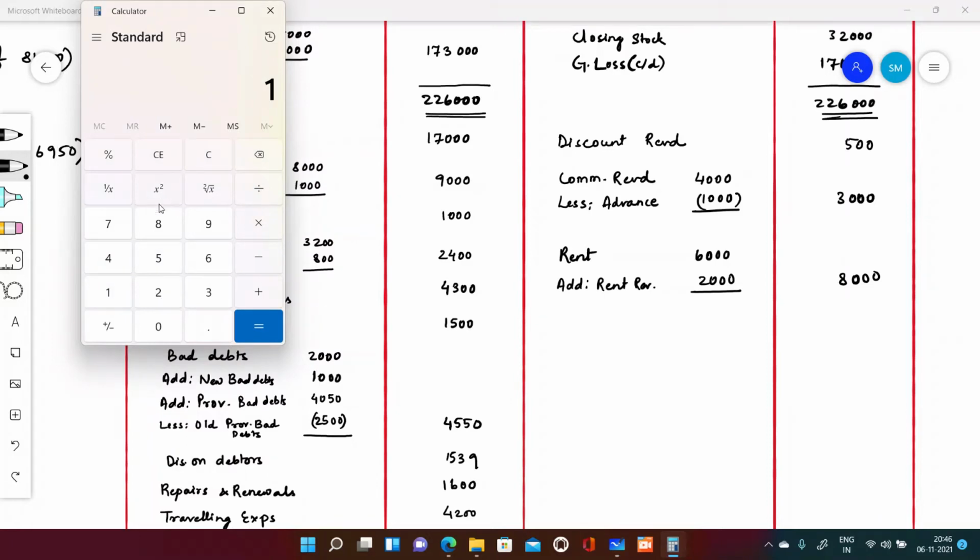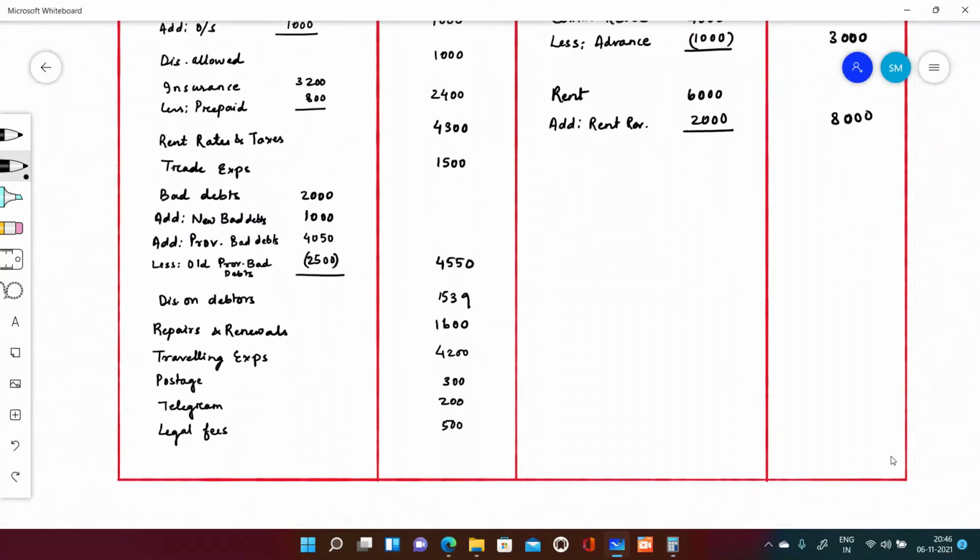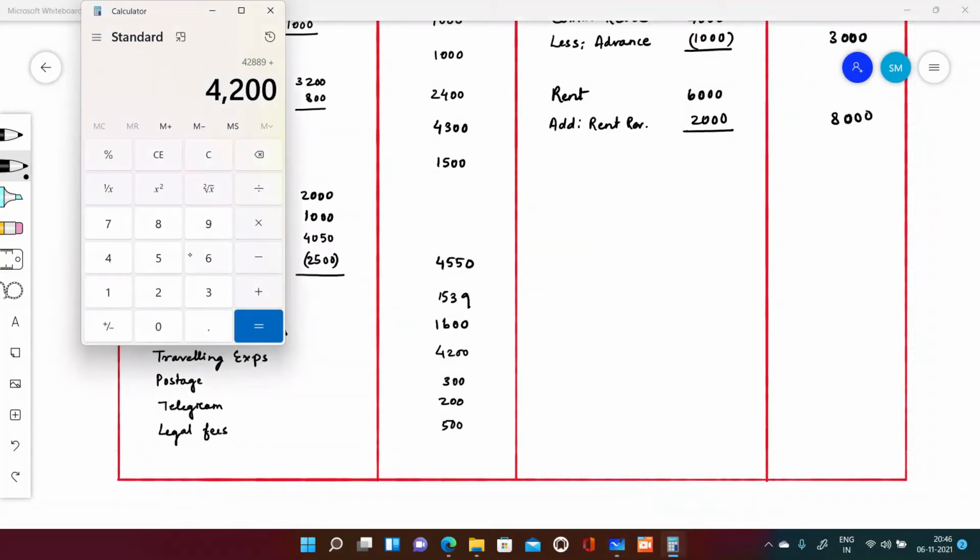So it is your 17,000 plus 10,000, 9,000 plus 1,000, 10,000 plus 2400 plus 4300 plus 1500 plus 4550 plus 1539 plus 1600 plus 4200, then your 300 plus 200 plus 500, that is your 1000.